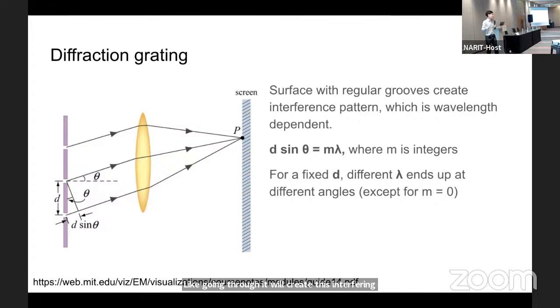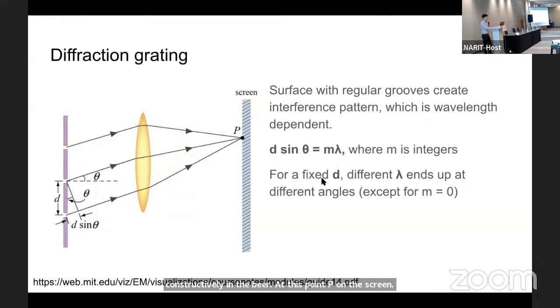And the important equation for a diffraction grating is the so-called grating equation, which is just d sine theta is m lambda, and this is just the path difference between the two light paths going through two consecutive grooves. This is the condition where these two paths will constructively interfere at this point P on the screen.